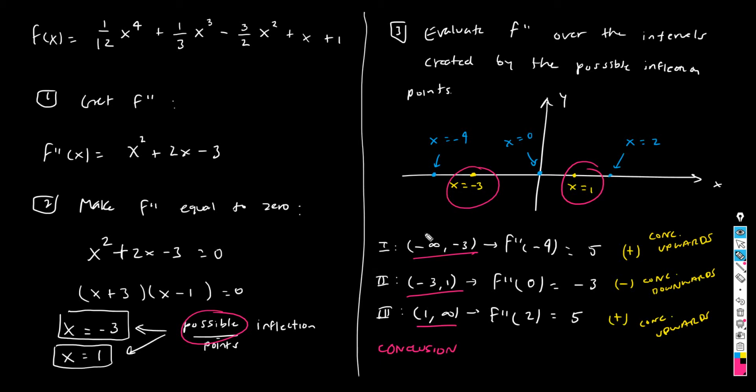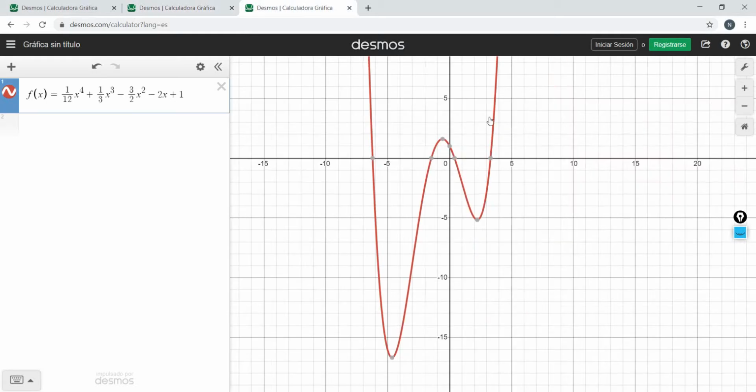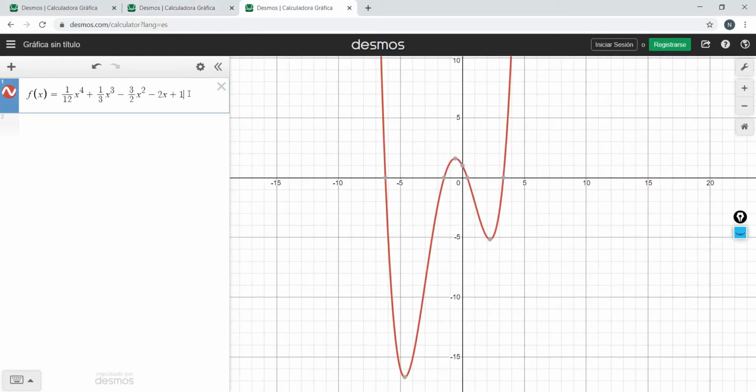Okay, so let's see how this looks. Remember, concave upwards, downwards, and then upwards again. And the inflection points are -3 and 1. Write those down. And let's see how it looks. This is the function. You see? So, like I said, it's first concave downwards. All the line that I'm tracing now, all of this part is concave downwards, more or less at about here.